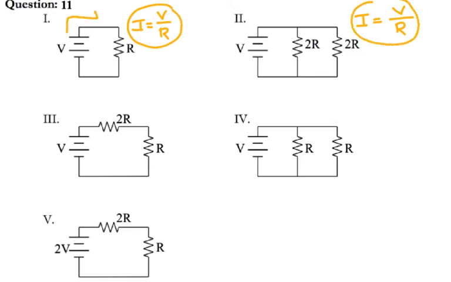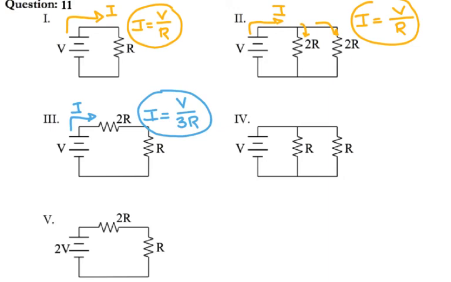So through the battery I have I, that's the current, and then it's going to split. But they ask you how much current goes through the battery, so that is the same I. For the third one, I have I, so I'm talking about this I, is equal to V divided by the total resistance, which is 3R.